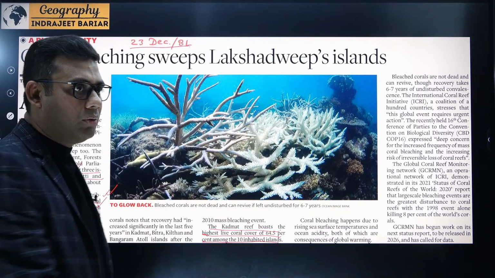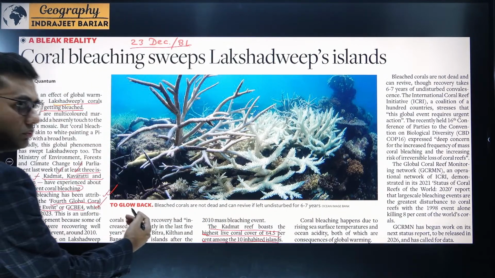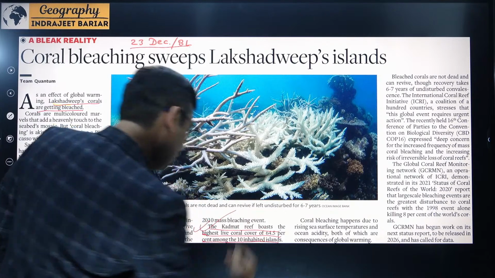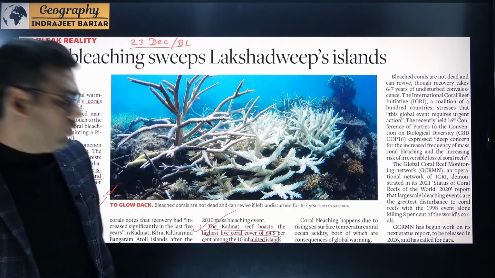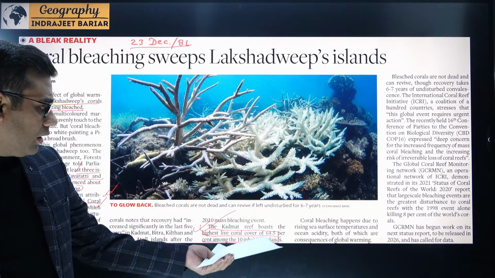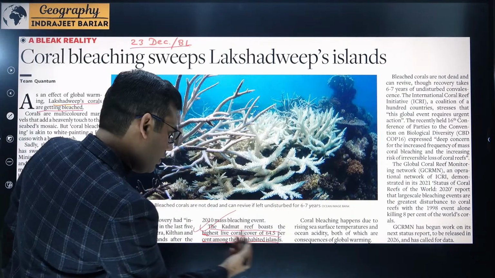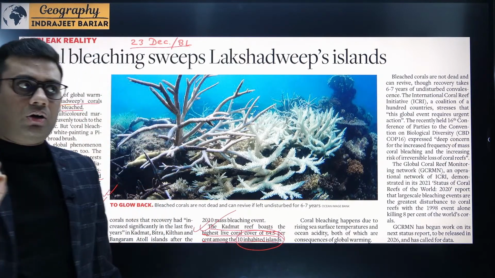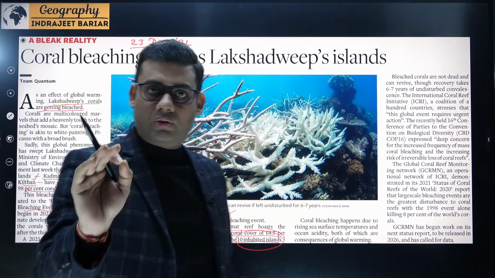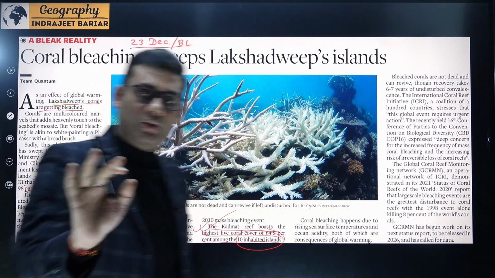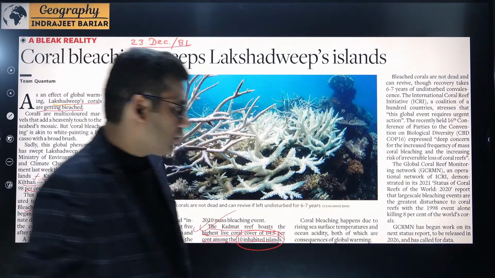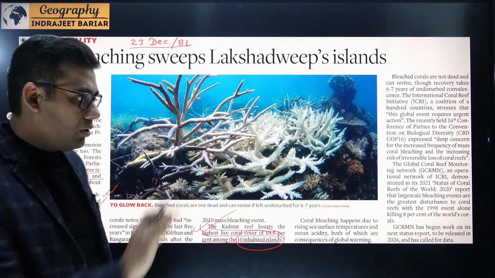Apart from that, we have the live coral cover. The highest live coral cover is in Kadmat Island, among the 10 inhabited islands. See, these are all the things which are important for your prelims. Straightforward facts which are asked. And so this is the basic idea of this particular news.